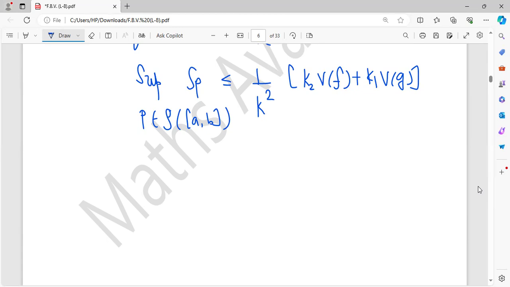This is finite, and we have shown that f upon g is of bounded variation.